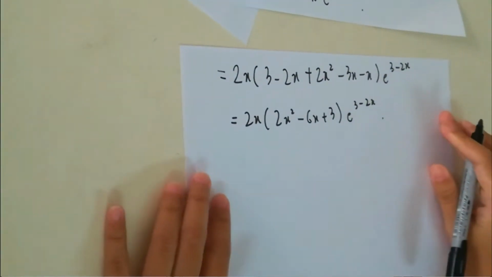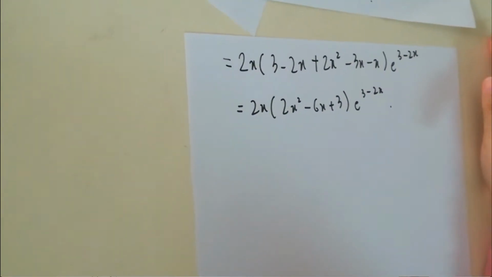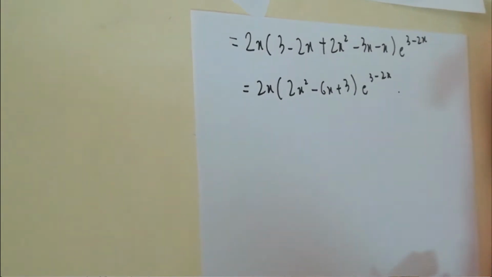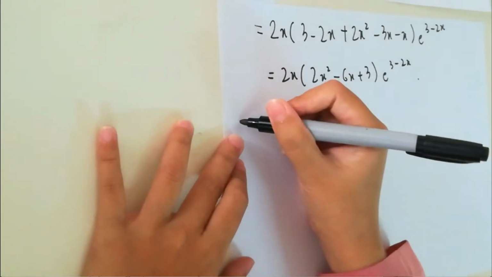The second derivative is for the test to find the local maximum and minimum. So we continue to the third derivative.